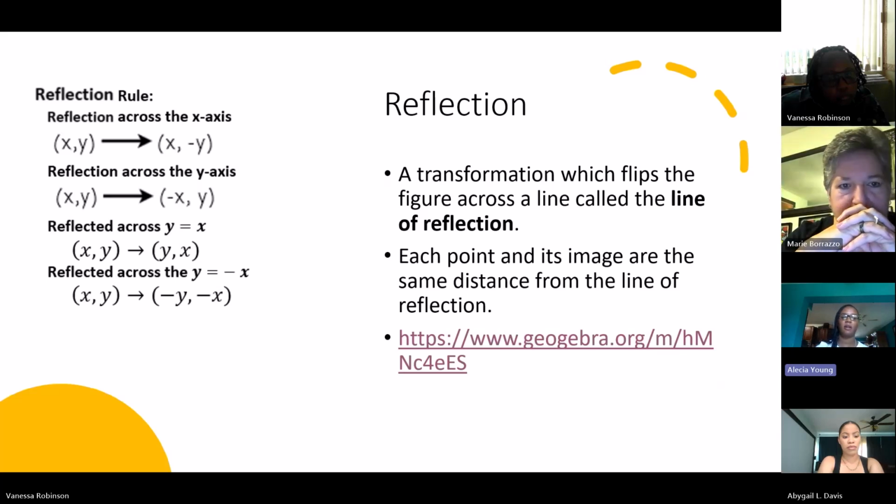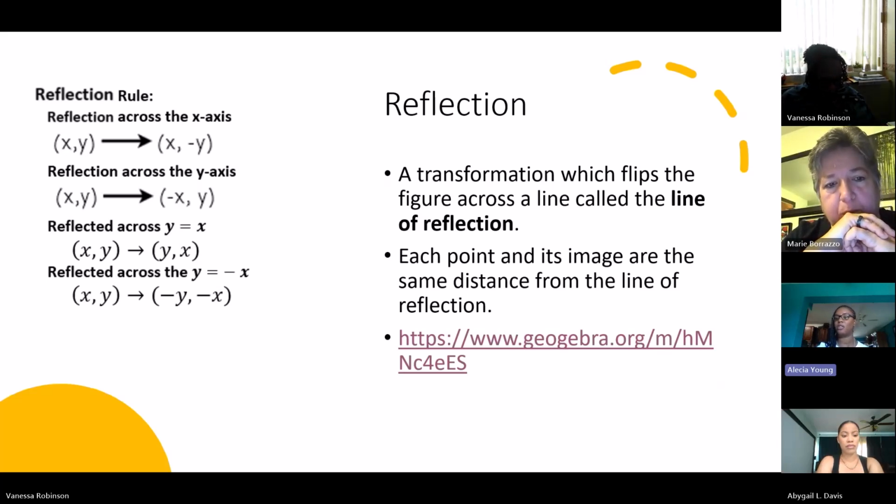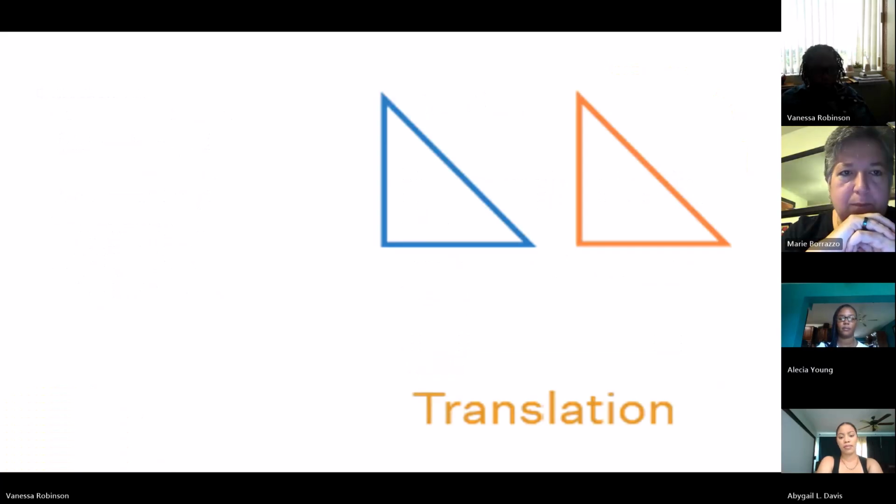If you're going to reflect across the diagonal line y = x, the hint is you swap x and y. So if the pre-image was (x, y), the image will be (y, x). And if you reflect across the negative diagonal line, y = -x, the hint is you swap and change x and y. So if the pre-image was (x, y), the image will be (-y, -x).